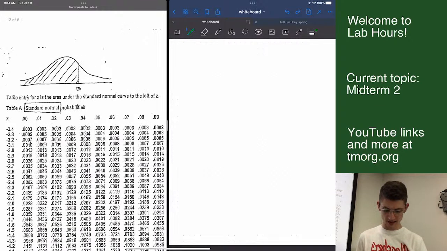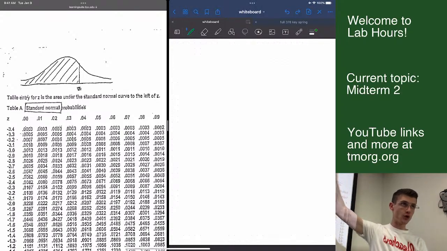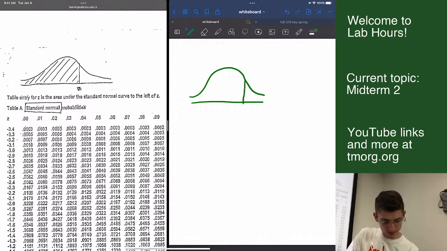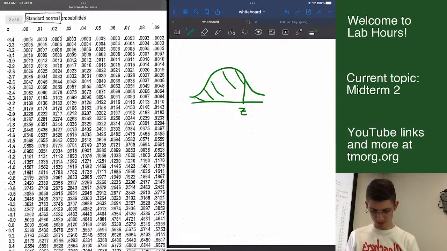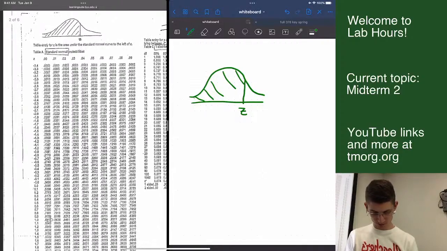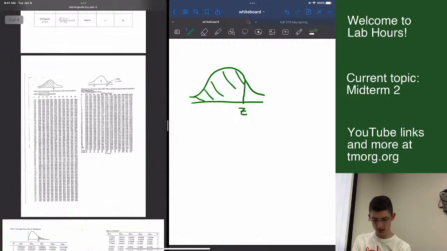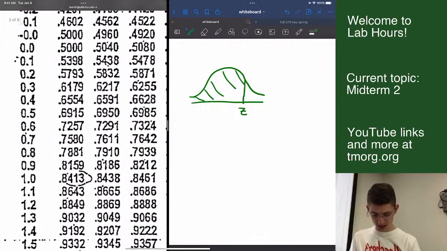Okay? Which is to say, there is a reason they have highlighted things that are to the left of a Z-score. We'll get more into this after the midterm, but the reason that it is highlighting these things is because if I pick a certain Z-score, let's say for example, let's just look at this circled value right here.